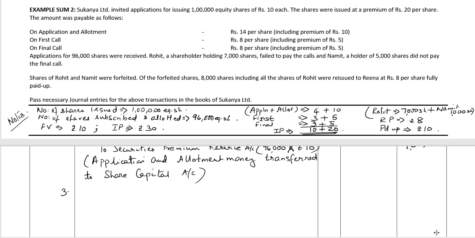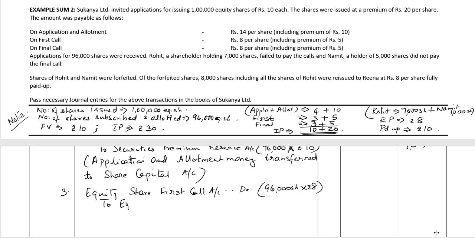The third entry, we will make the first call money due. Equity share first call account debit. The total amount due, 96,000 shares multiplied by rupees 8, is the amount due on the first call.